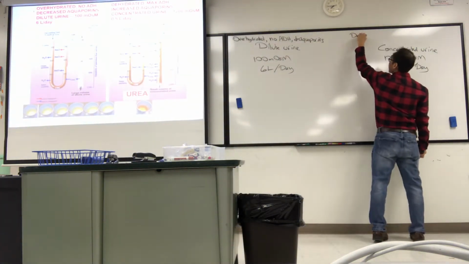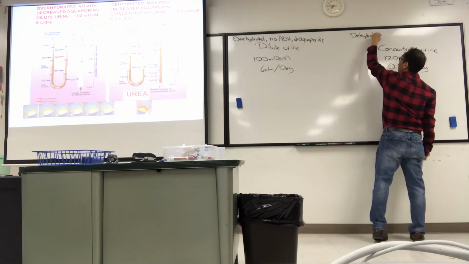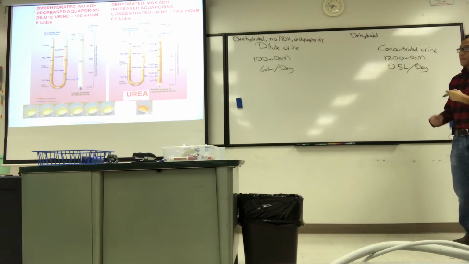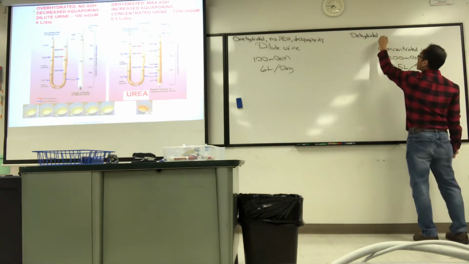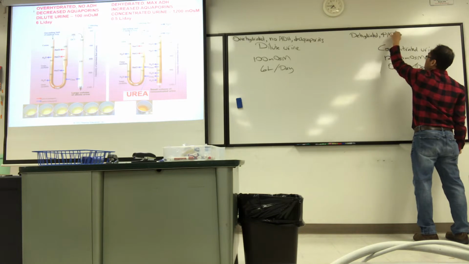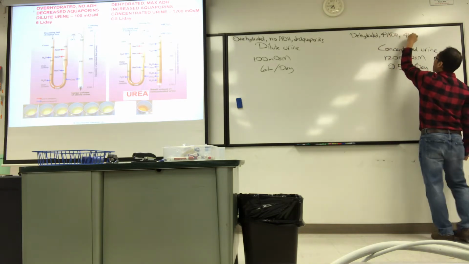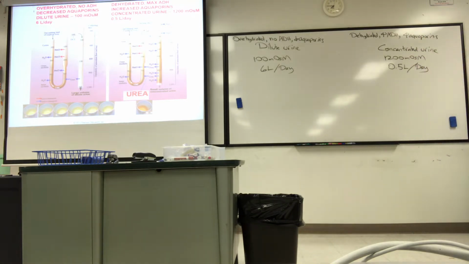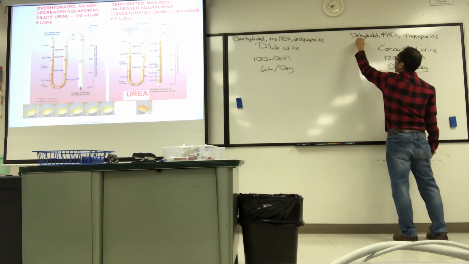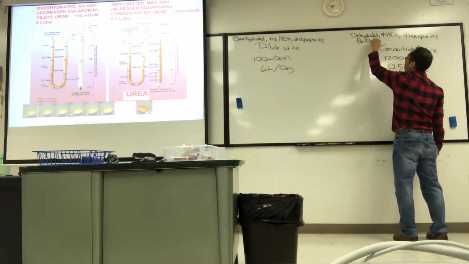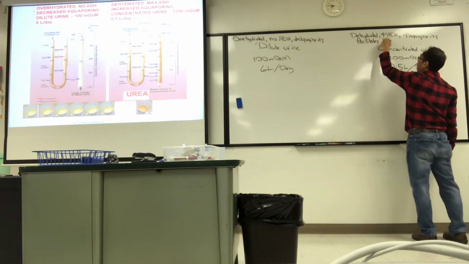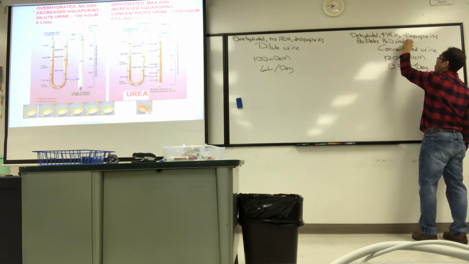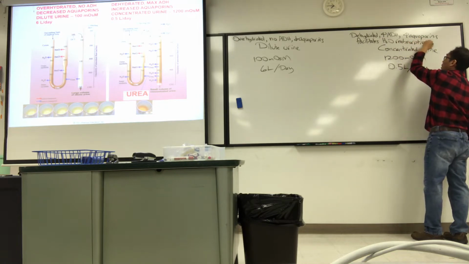So this condition, dehydrated, the body's response to help conserve fluids, increase ADH secretion, increase aquaporins, you know, like I showed you in the figure, they're mobilized and they insert into the filtrate side of the cell and facilitates water reabsorption. So you don't lose it to the urine.